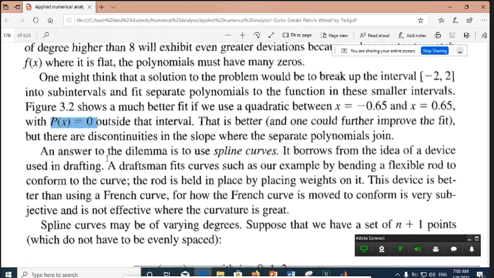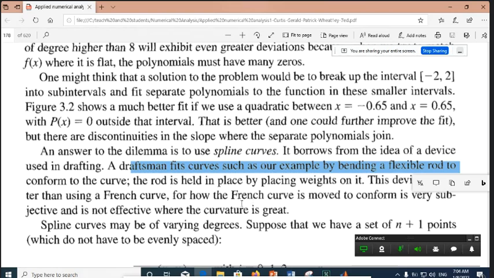An answer to the dilemma is to use spline curves. A spline is a curve of degree 3. It borrows from the idea of a device used in drafting. The draftsman fits curves such as our example by bending a flexible rod to conform to the curve.